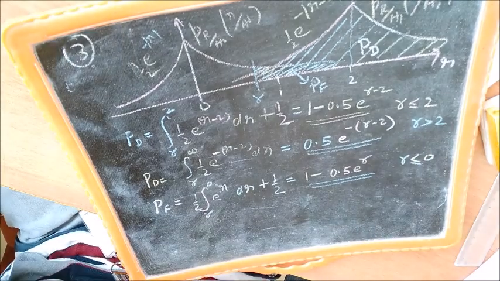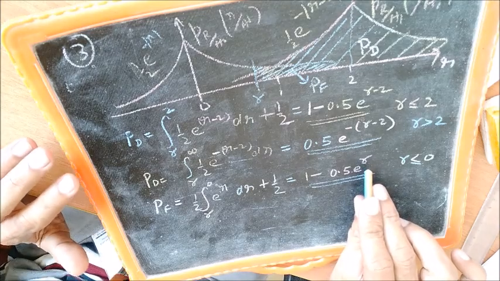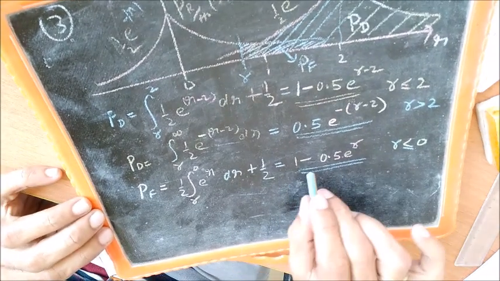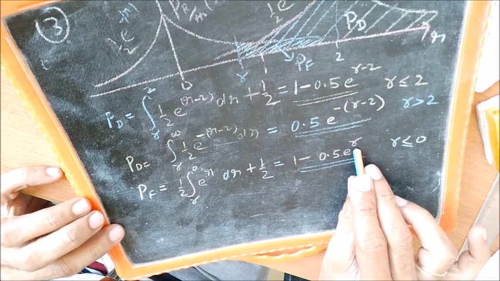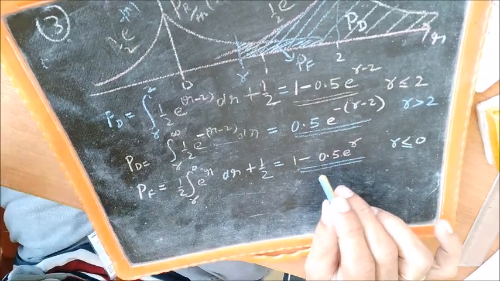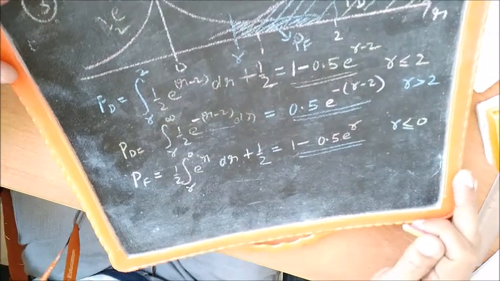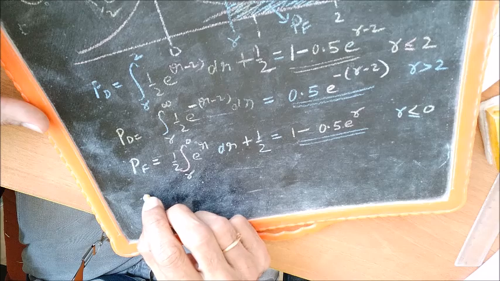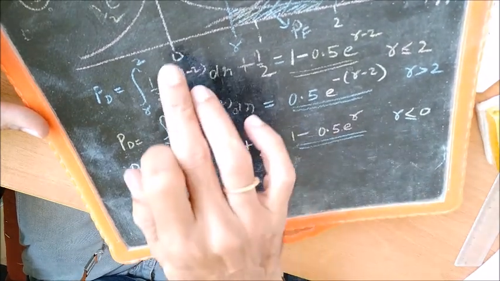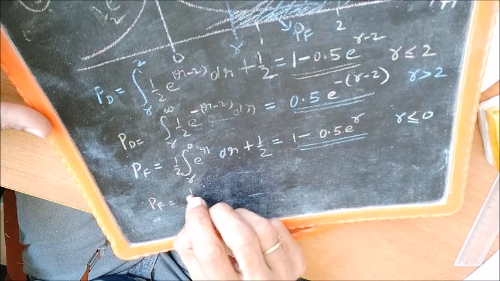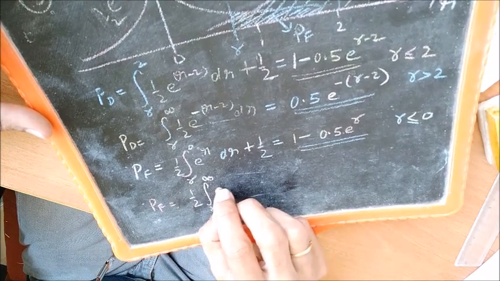That means from gamma equal to minus infinity to 0, this is what it is. Again, you can put gamma as minus infinity and see that the probability of false alarm becomes 1. And if gamma is 0, interestingly, the probability of false alarm becomes 1 by 2, and the reason must be obvious to you from the figure. Now for gamma more than 0, the probability of false alarm is this.